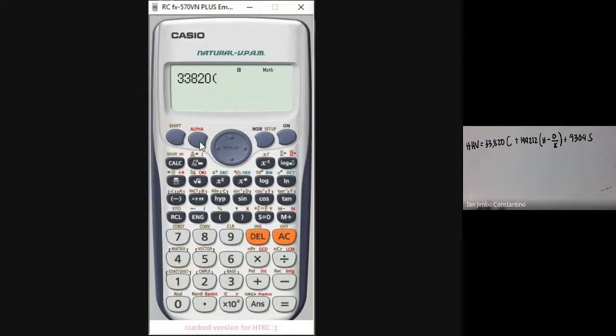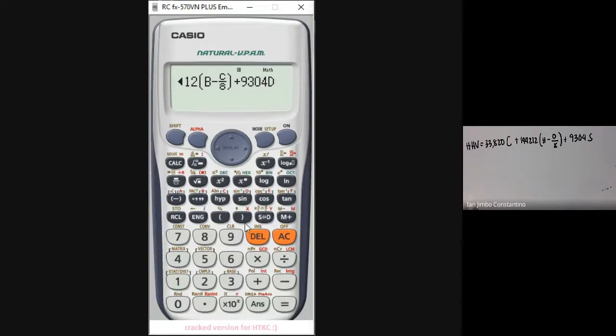So, you will let this be alpha A, plus 144,212, and let your H be the alphabet B, minus, let the oxygen be alpha C, divided by 8, plus 9,304, and then alpha D. You have 6 letters here.